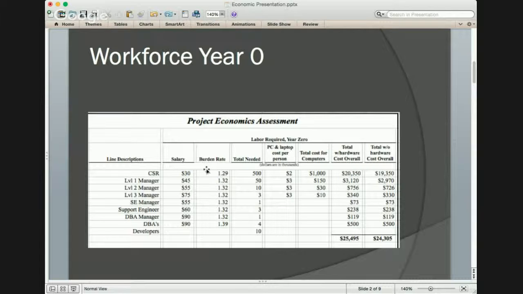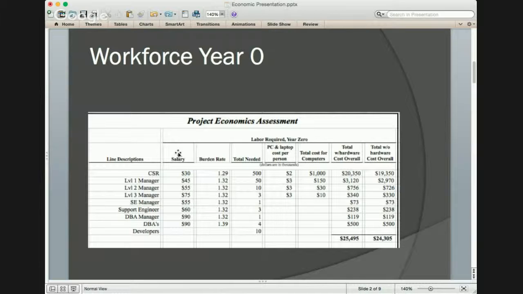So this spreadsheet goes through starting with the CSR and then the managers and then the engineers, DBAs, and developers. It displays the salaries. So from the meeting, these are the salaries that each of the positions will be receiving on a yearly basis.